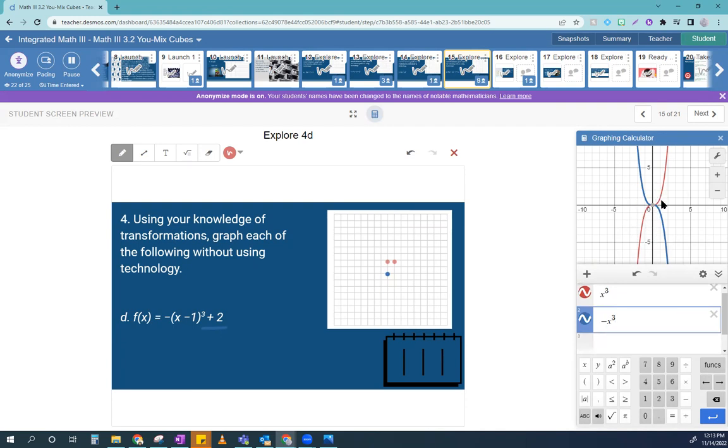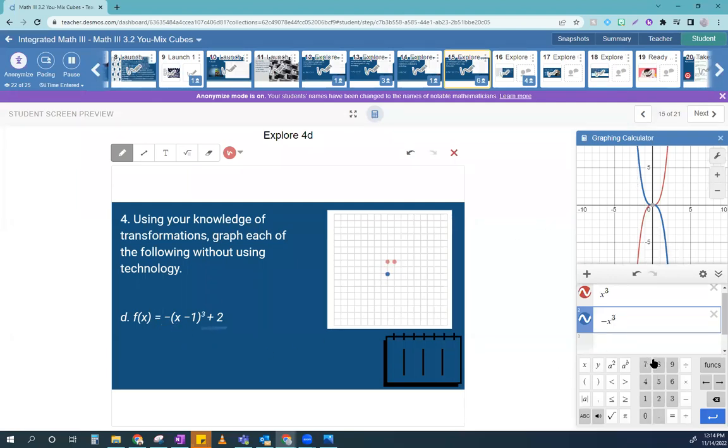When I plug in a positive number, say 2, I cube it, I get 8. But with the negative, I get 8 and then make the opposite, so it's -8. So it flips downward: all the points that were up here now live down here, and all the points that were down here now live up here. So it flips the whole thing down.